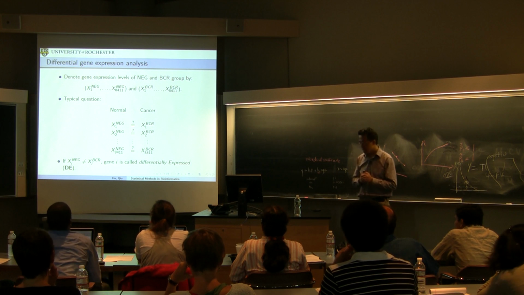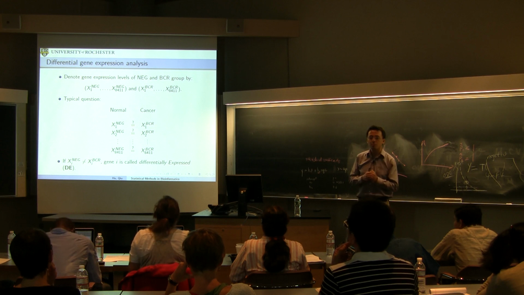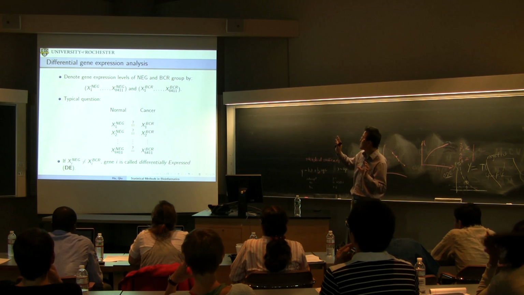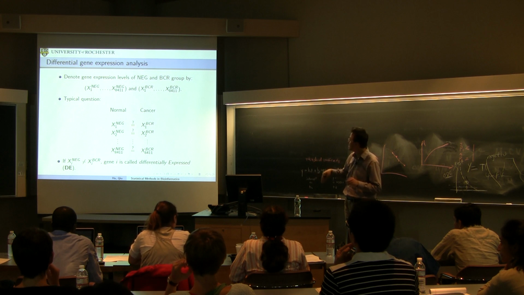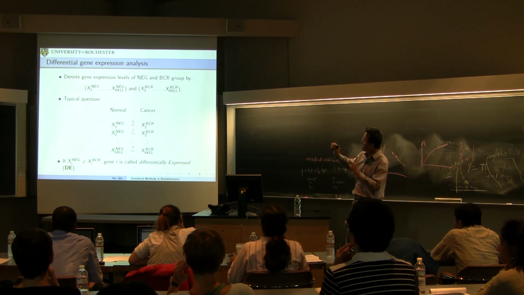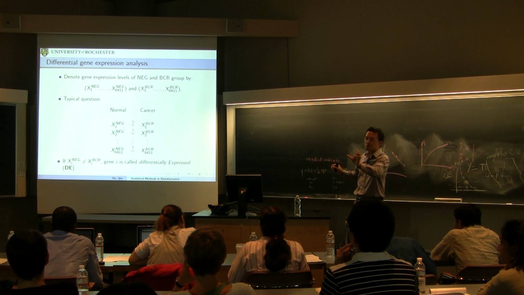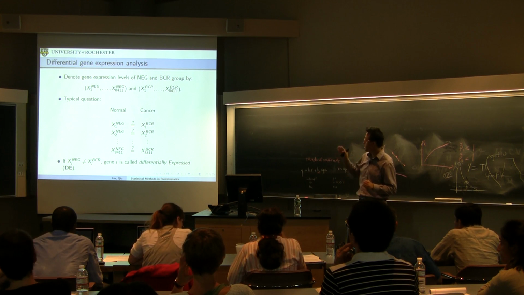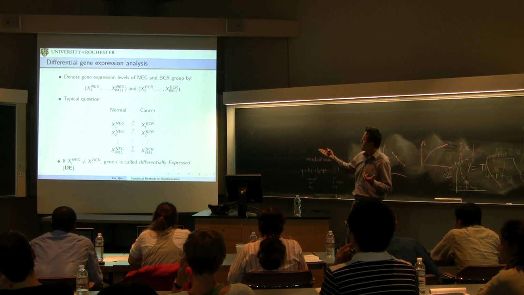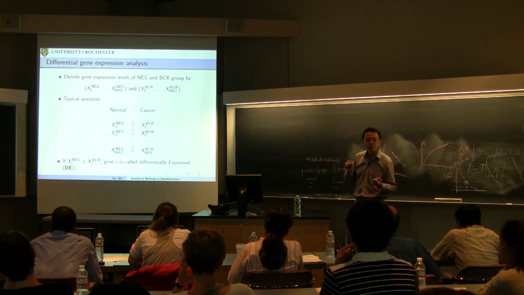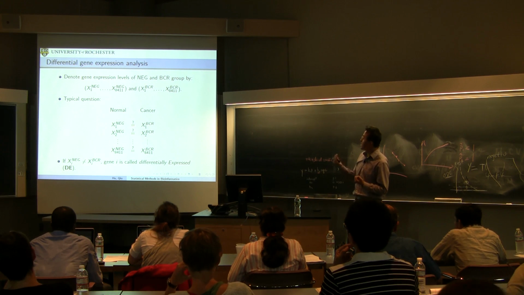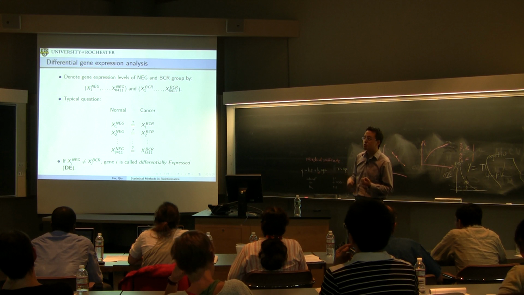As I said, if you have thousands of genes, a typical question would be, and here I introduced some mathematical notation, I know it's not fun to read, you have around 8,000 genes in one group, the NEG group, and another 8,000 genes in the other group. The typical question is, for each individual gene, are they the same or not across these two groups? If they're not, we claim them to be so-called differentially expressed genes.